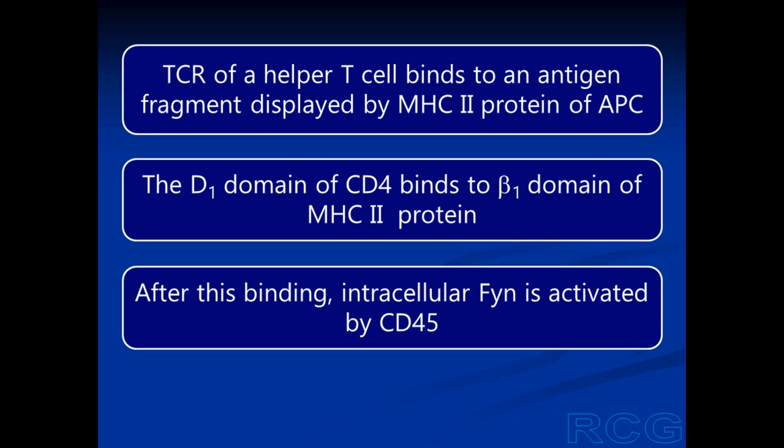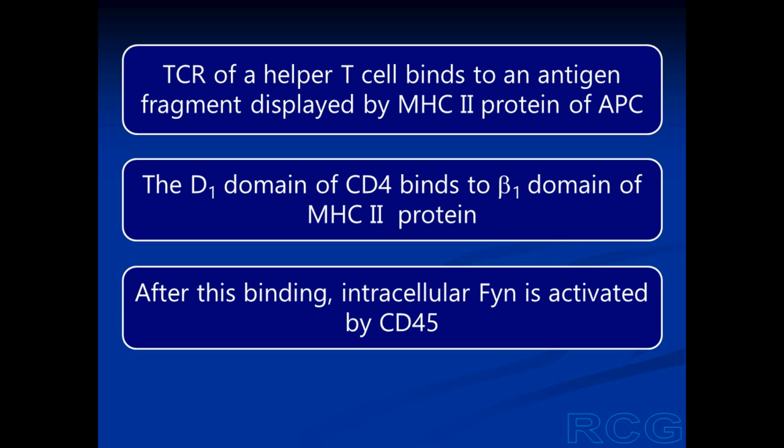The T cell receptor of a helper T cell binds to foreign antigen or foreign protein which is bound to MHC2 protein of the antigen presenting cell. And then the co-receptor, that is CD4, binds to the MHC2 protein. The D1 domain of CD4 binds to beta 1 domain of MHC2 protein.